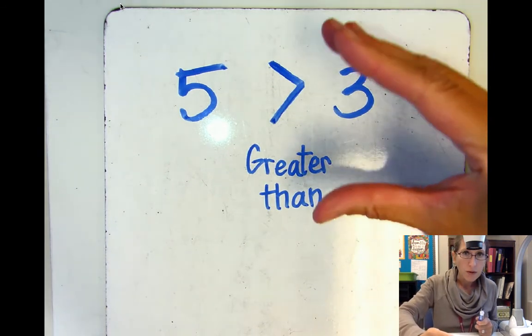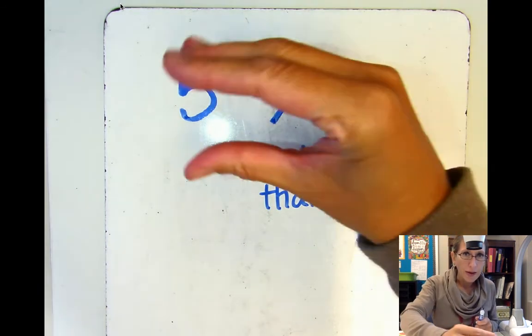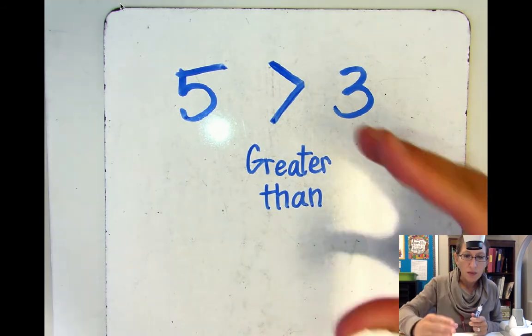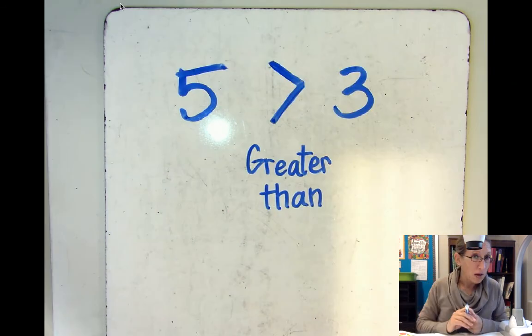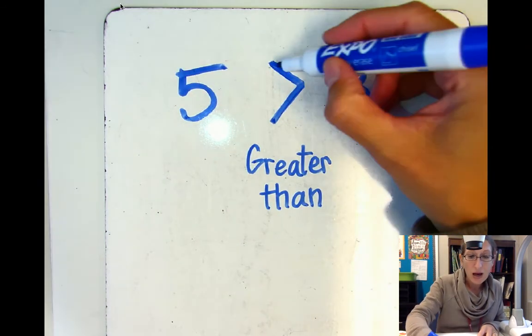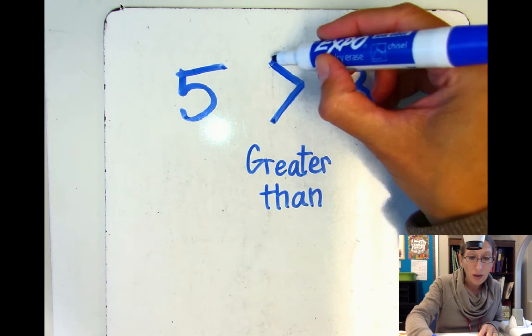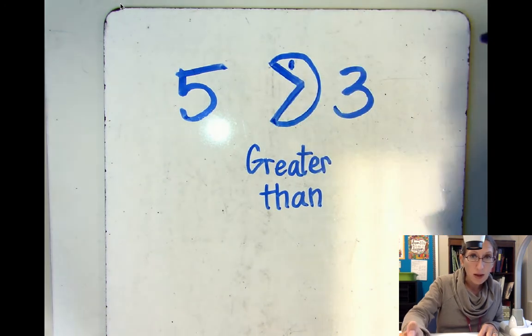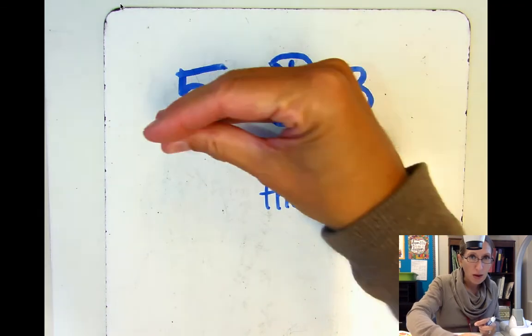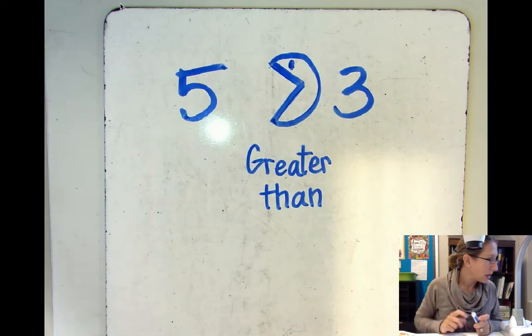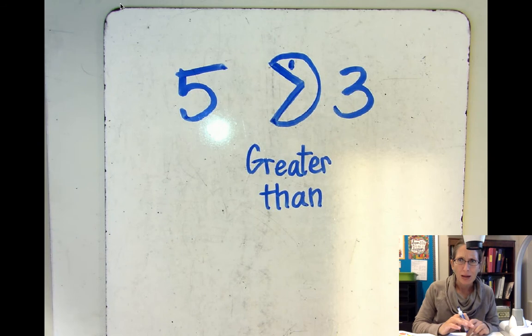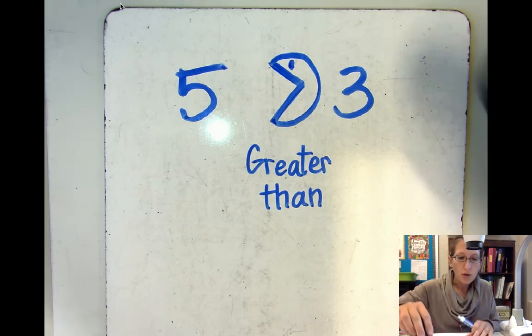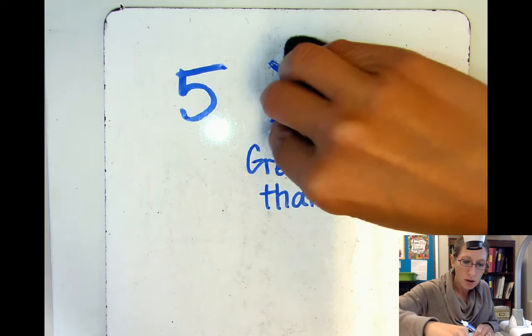When I was younger, we had a creature called Pac-Man, so sometimes I think of the Pac-Man mouth wanting to eat the bigger one. Sometimes I like to actually draw the Pac-Man. It looks like this. Maybe you can ask your parents; I bet your parents know about Pac-Man when he wants to eat the bigger number. Now, if you're thinking, who's Pac-Man, Miss Taylor? Then you might just want to draw your own little creature to help you remember.